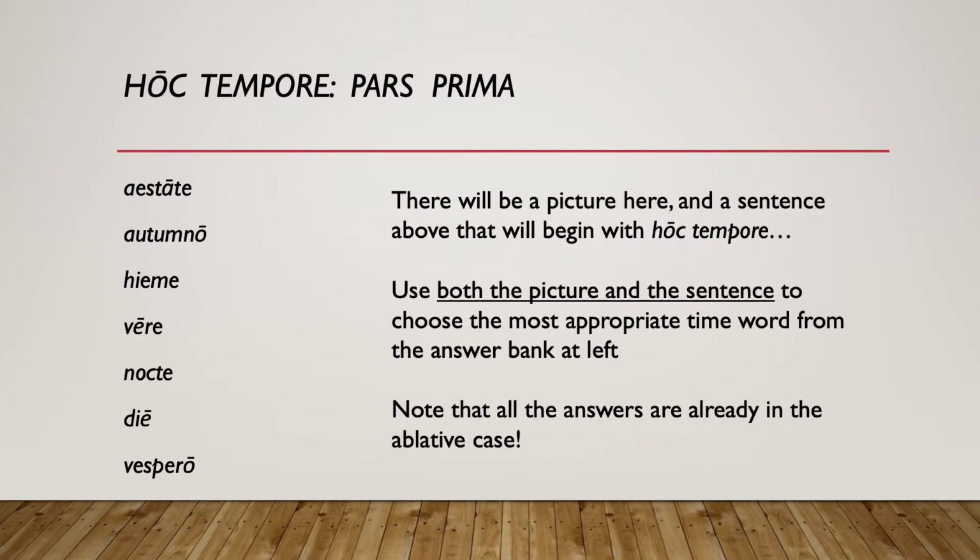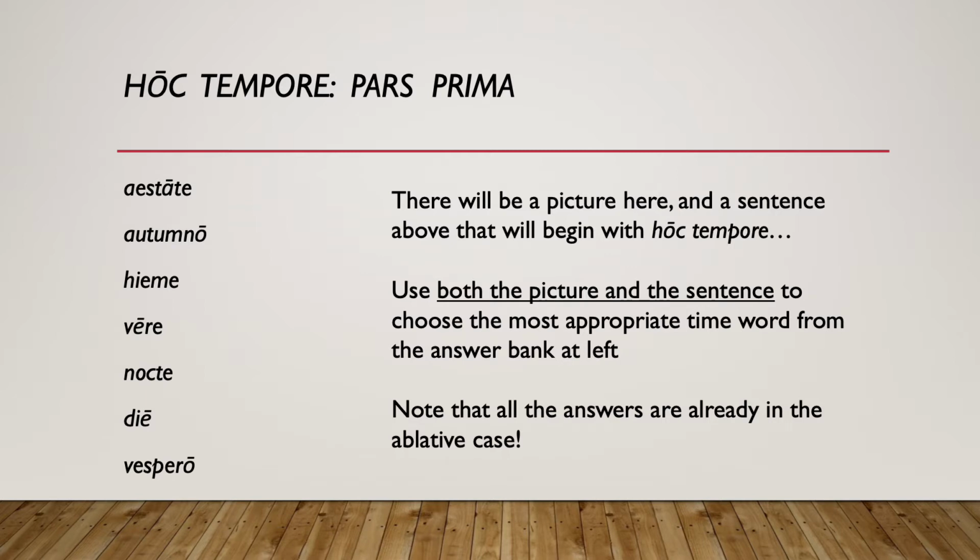We're going to play a little game called hoc tempora. In hoc tempora, there's going to be a picture where you see the phrase, there'll be a picture here. And where you now read the phrase hoc tempora pars prima, there'll be a sentence that begins with the phrase hoc tempora. Hoc tempora means at this time. Use both the picture and the sentence to choose the most appropriate time word from the answer bank at left.